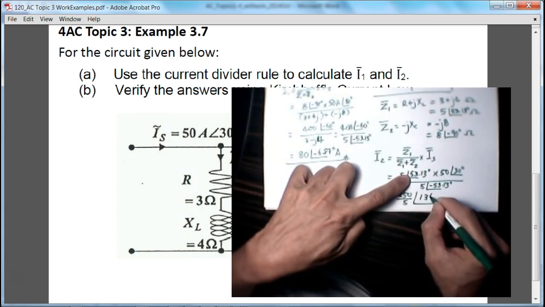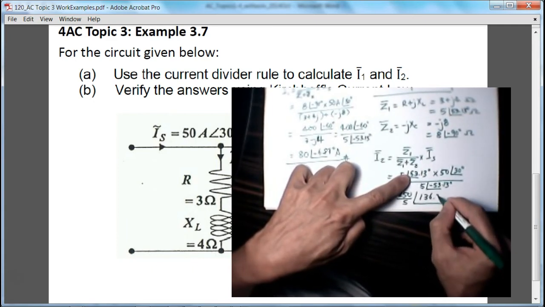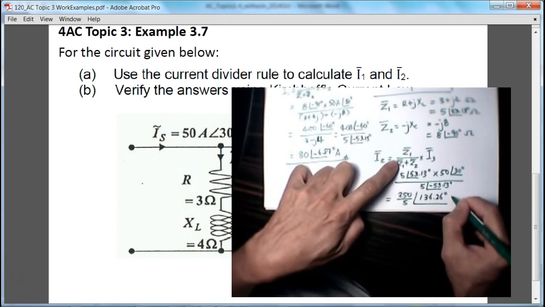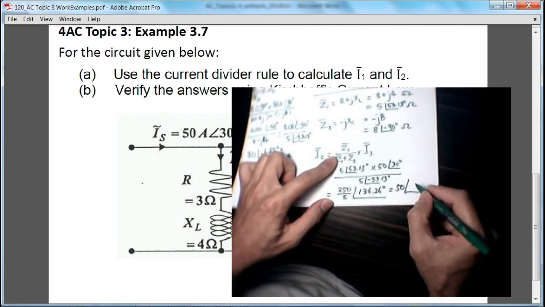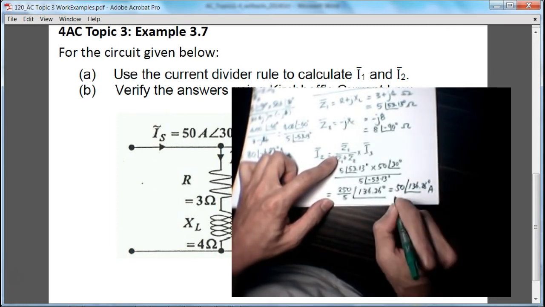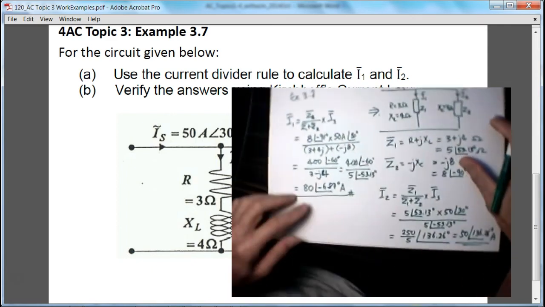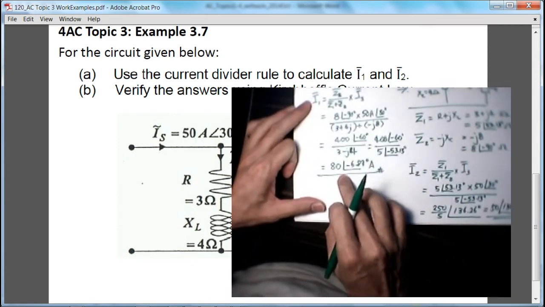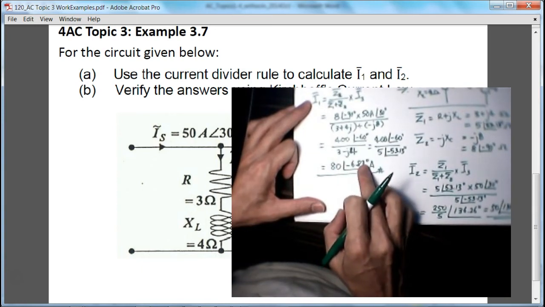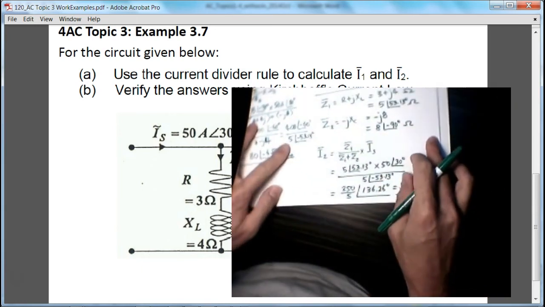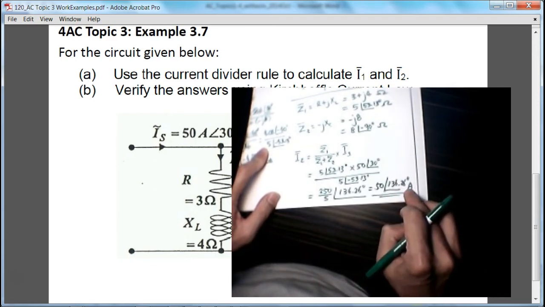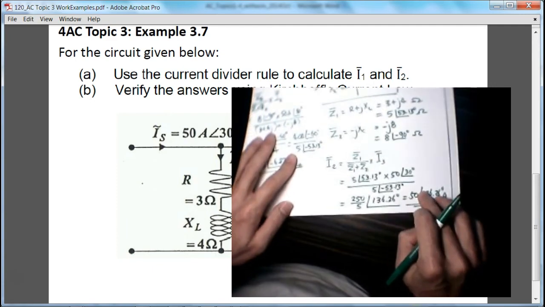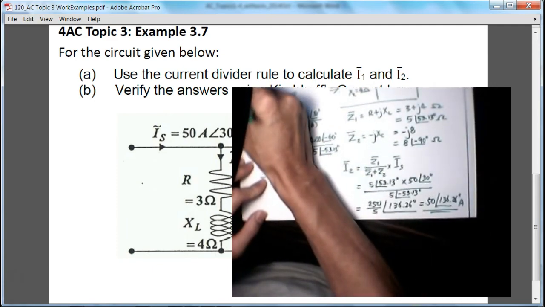That gives me 136.26 degrees. So I2 is 50 amperes at an angle of 136.26 degrees. Alright, so I have I1 as 80 at an angle of minus 6.87 degrees, and I2 as 50 at an angle of 136.26 degrees. Okay, that is part 1.